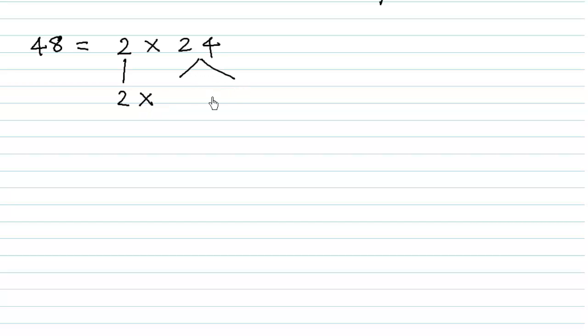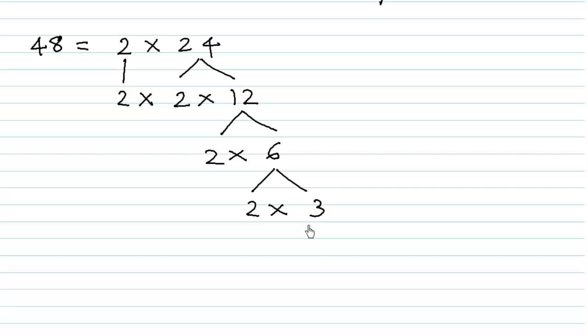We know 24 goes in the table of 2 again. So it's 2 12s. And then we know 2 is a prime number, but 12 is not a prime number. So we are going to further split this as 2 6s, and then we are going to split 6 as 2 3s. So we are going to do this till we get all prime numbers, and we are going to bring the 2 down as it is.